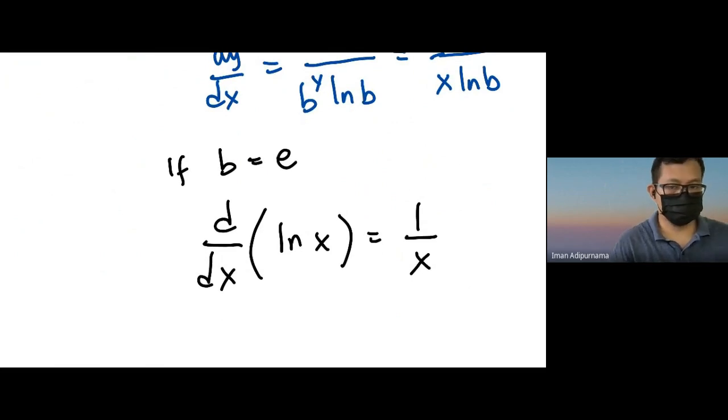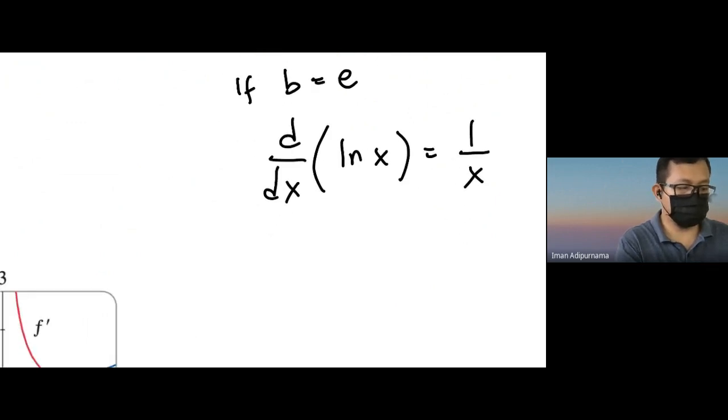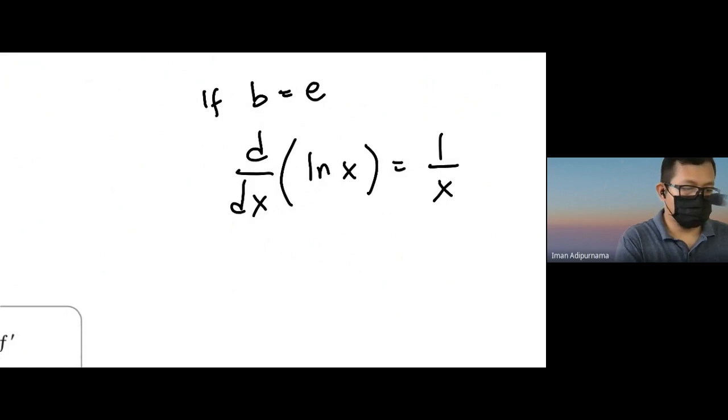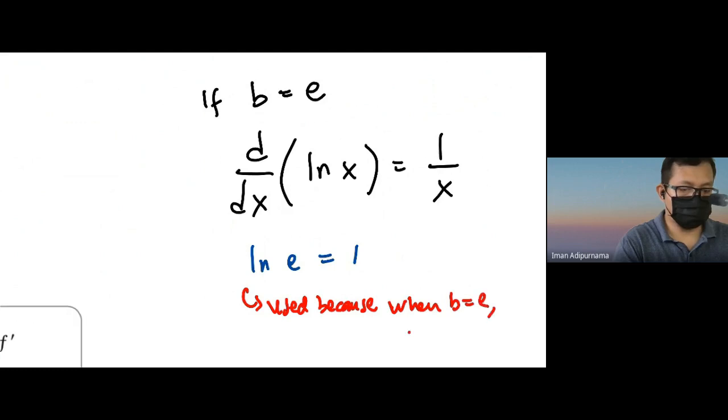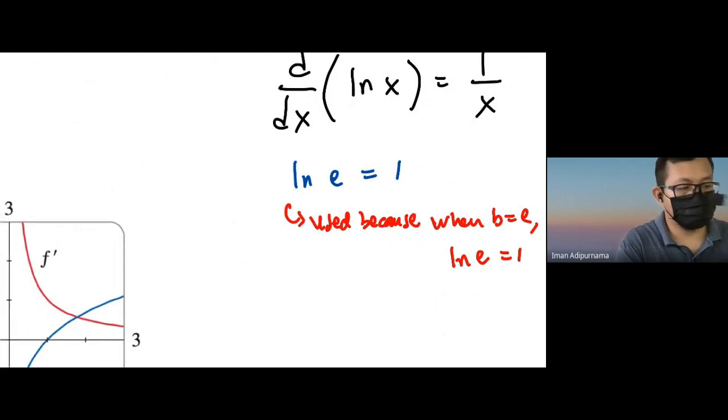This also proves that ln e is 1, because when b is e, ln e becomes 1. So it's practically useful in some calculations.